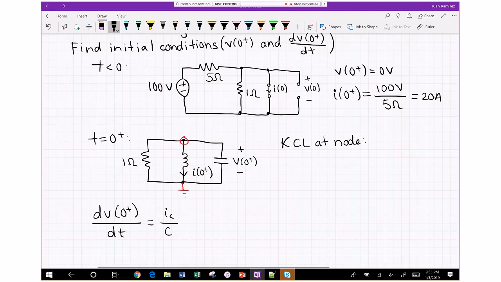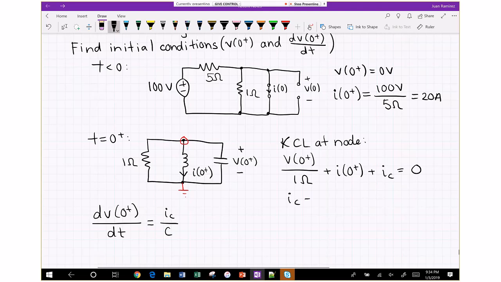So at KCL, we'll look at the current through the 1 ohm resistance, which is equal to the capacitor voltage, because they're in parallel, divided by the 1 ohm resistance, plus the current through the inductor, which is I of 0, plus IC, which is what we're trying to solve for.